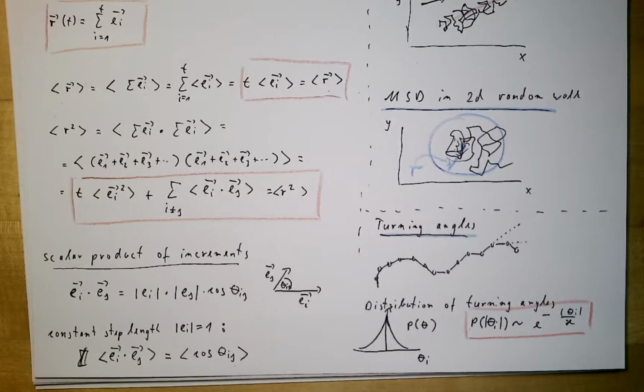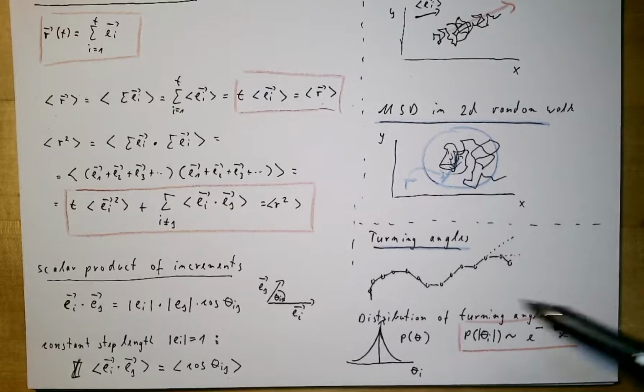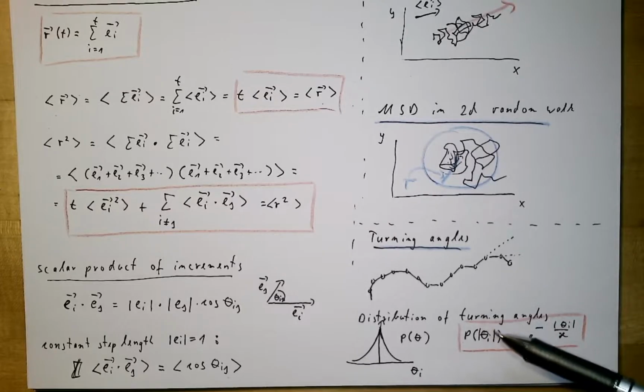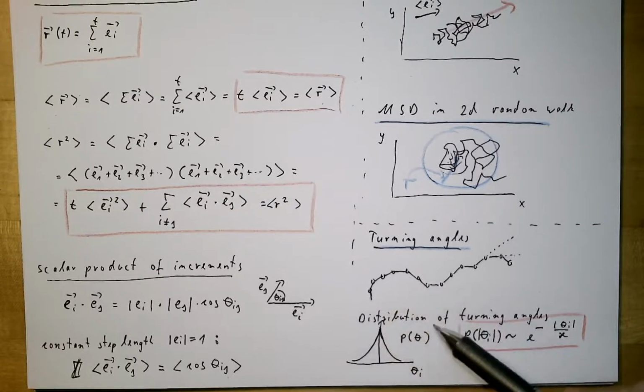And if we now follow up this idea with a real animal, we are entering the analysis of movements of animals, the area of big data, where we get more and more data.